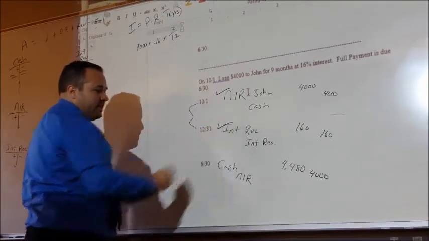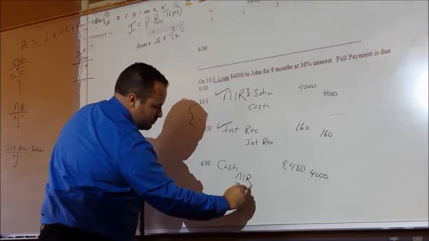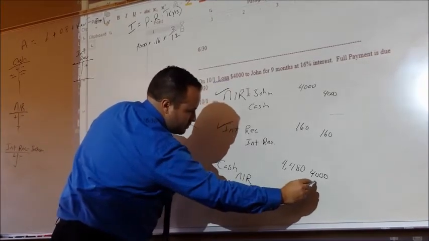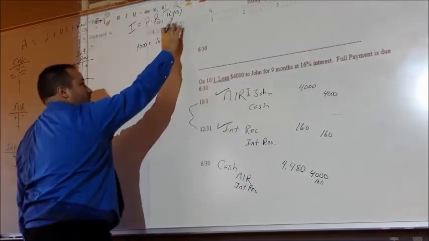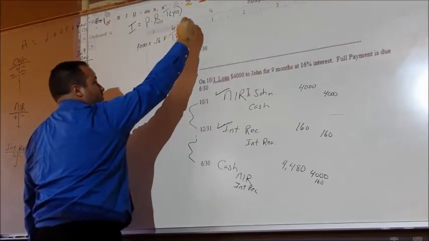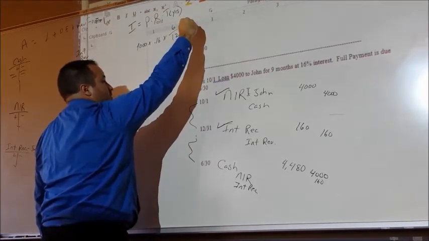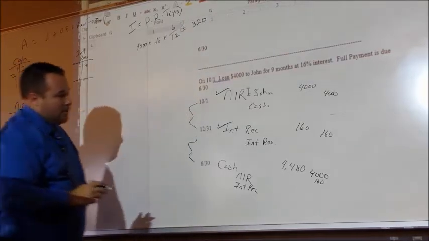Part of it came from the interest last year. And the rest of it came from 6 months of interest this year, which equals 320.